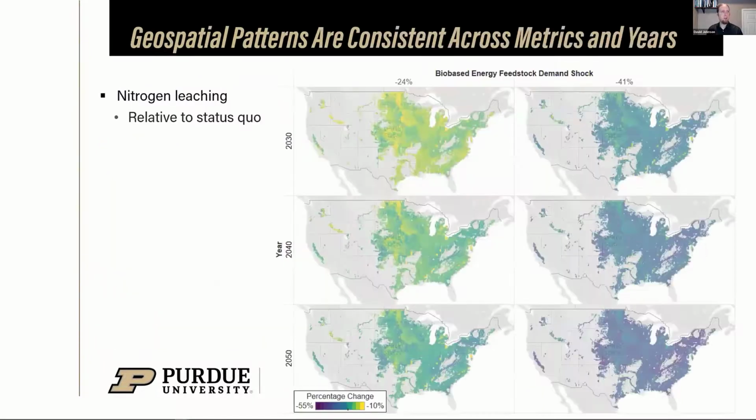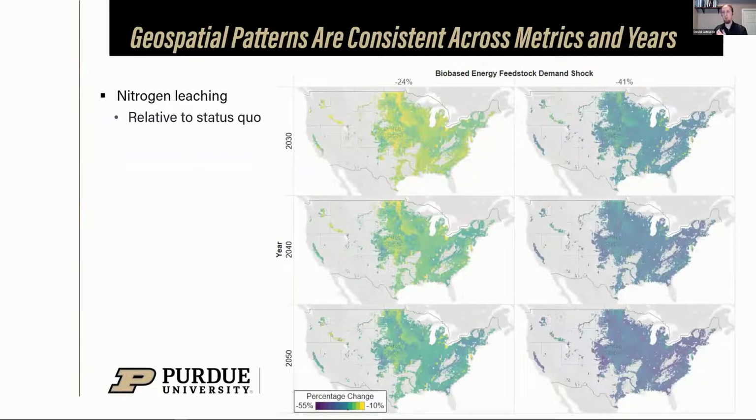So if we look next at the geospatial pattern, here I'm going to focus on nitrogen leaching, and relative to the status quo, we can see that the left-hand pane is showing the nitrogen leaching change associated with that 24% reduction in demand.